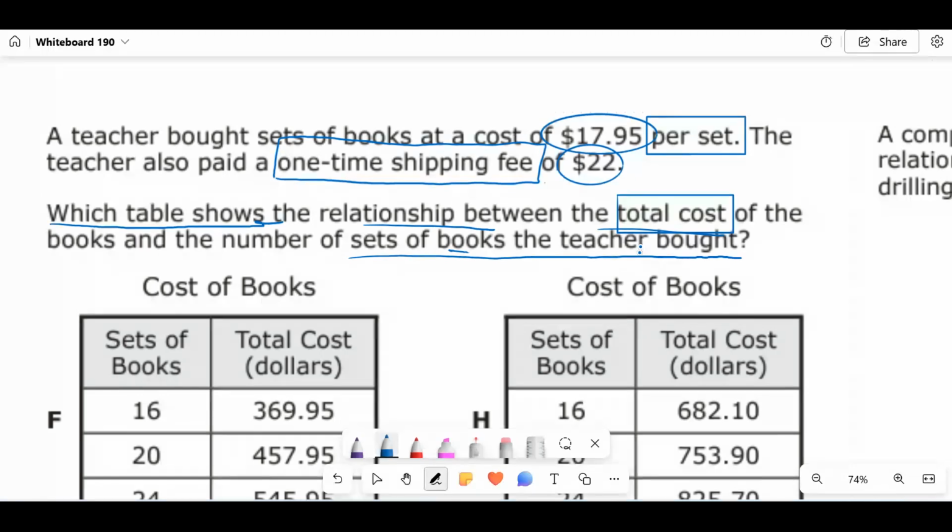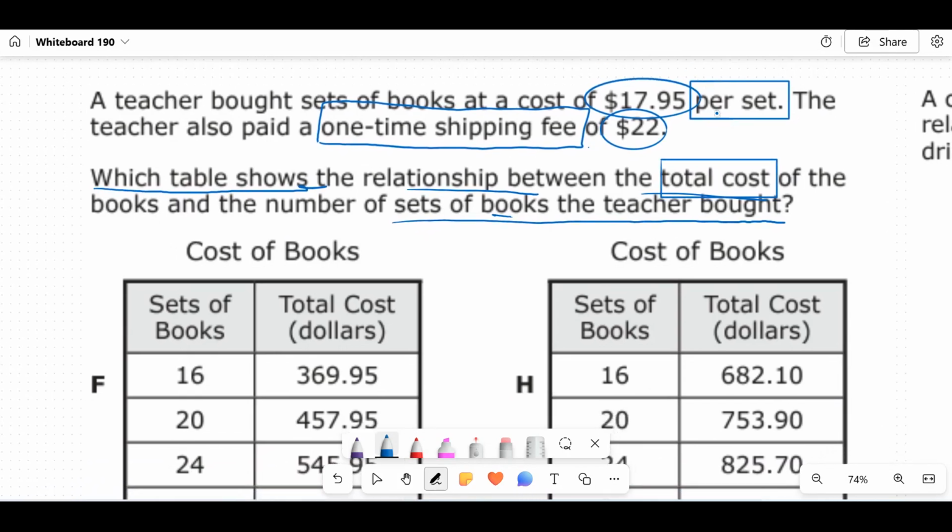So what we want to do is we want to work through our math to figure out which one of these I can, since it says per set, multiply by $17.95, and then because I paid a one-time shipping fee, we're going to add that extra $22 to it.